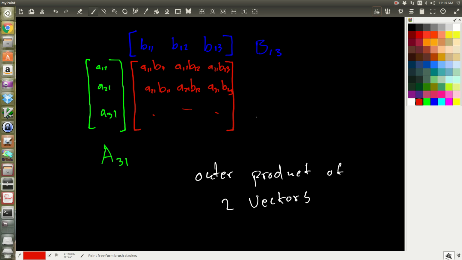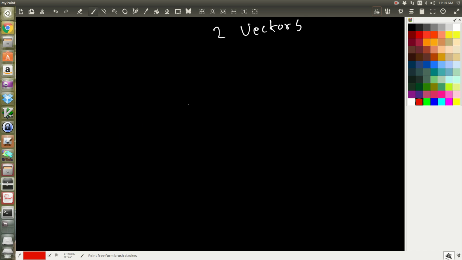So I've introduced you to the outer product now, and if there's an outer product, there's also an inner product. The inner product of two vectors is, let's take our two vectors here, but now let's put the row vector first.